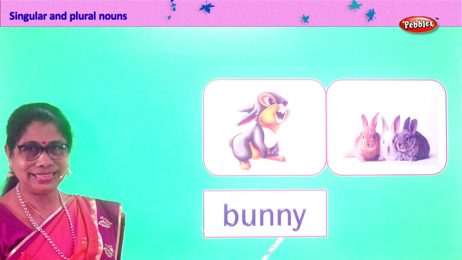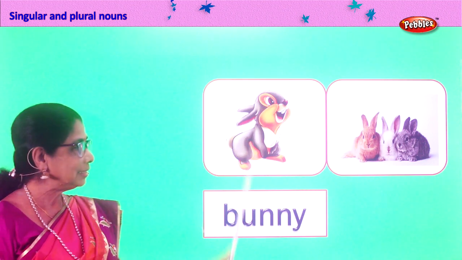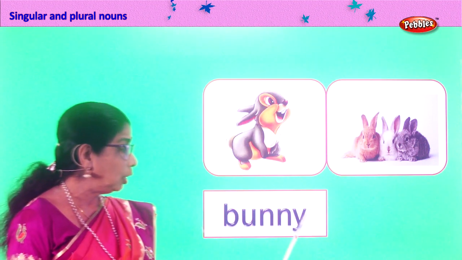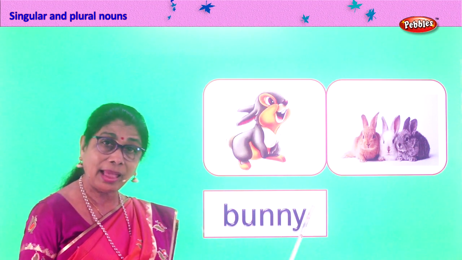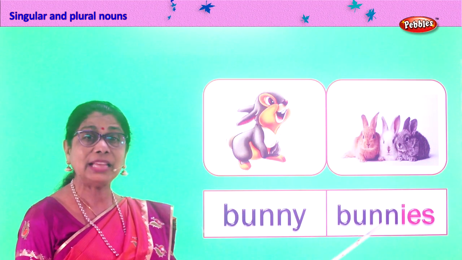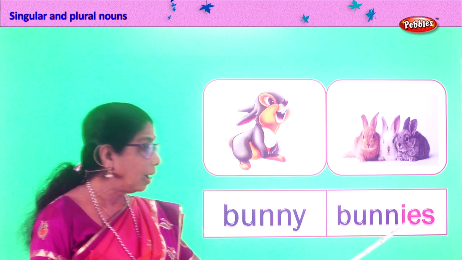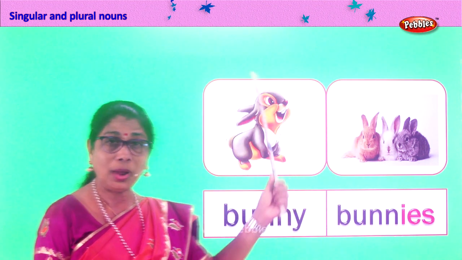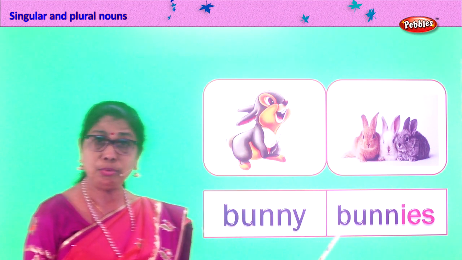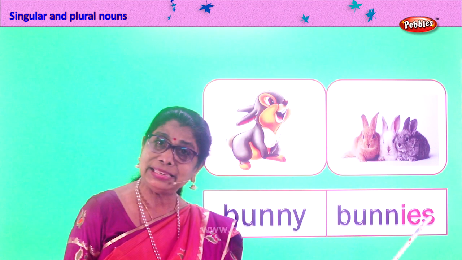Singular, one bunny. To form the plural, we take away the Y, add IES. So we say we have three bunnies. B-U-N-N-I-E-S. One bunny, three bunnies.